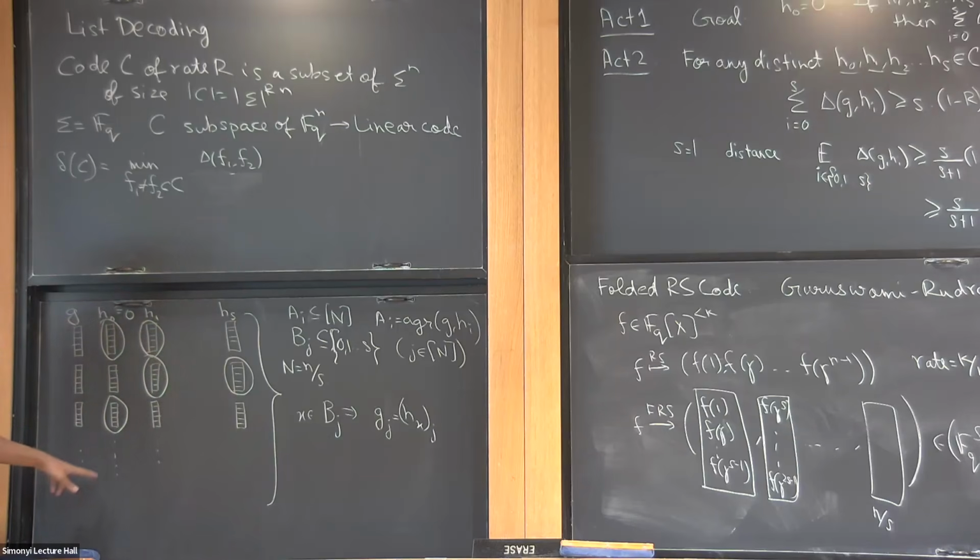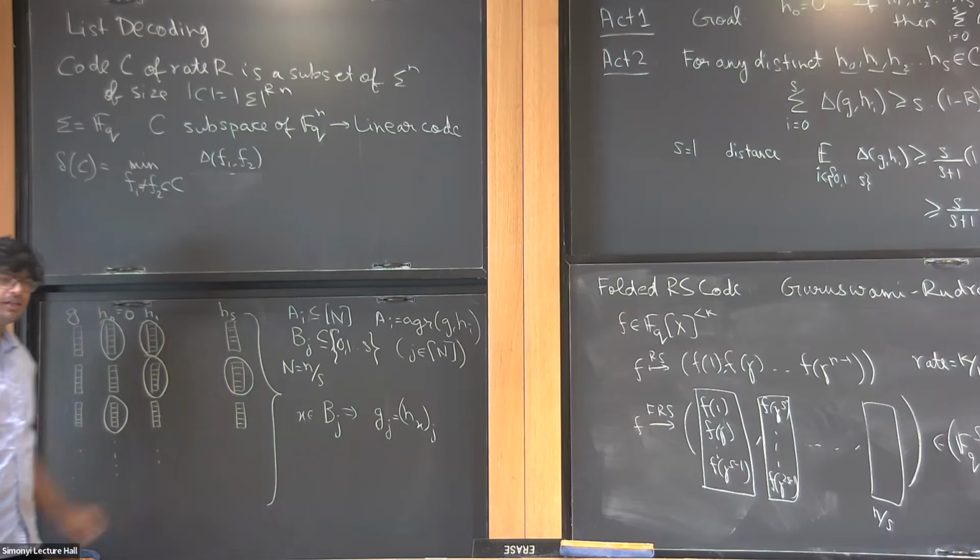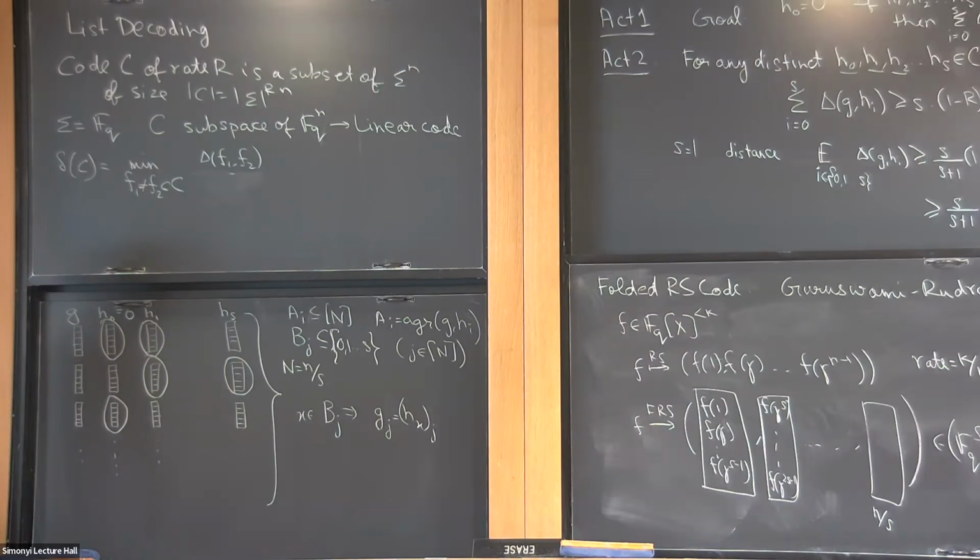Then there are two ways of looking at these circles. I can look at them column-wise or row-wise. Column-wise, I get S plus 1 many sets. Those are called AIs. Row-wise, I get BJs. There are capital N such sets. So BJ just tells me which agrees with G on the jth column. Yes, exactly.